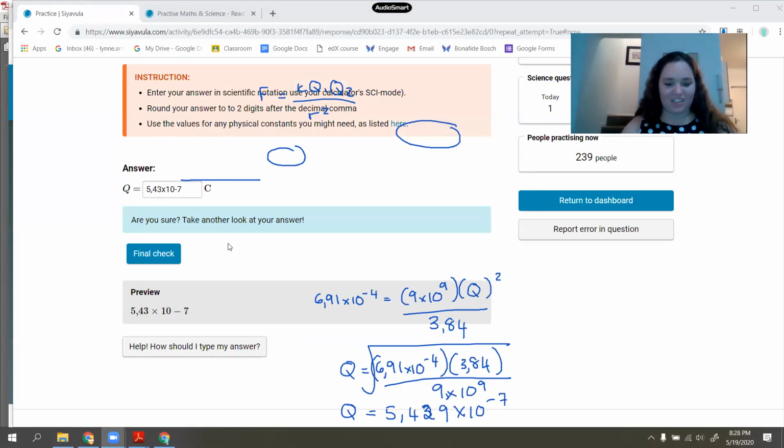Sorry, I'm doubting myself. I'm not going to really fuss if I get it wrong, but it's to show you how the system works, not how I'm messing up at it. 9 times 10 to the 9. Ooh, I got it. Oh, I didn't square root it. 5.43 times 10 to the negative 7.